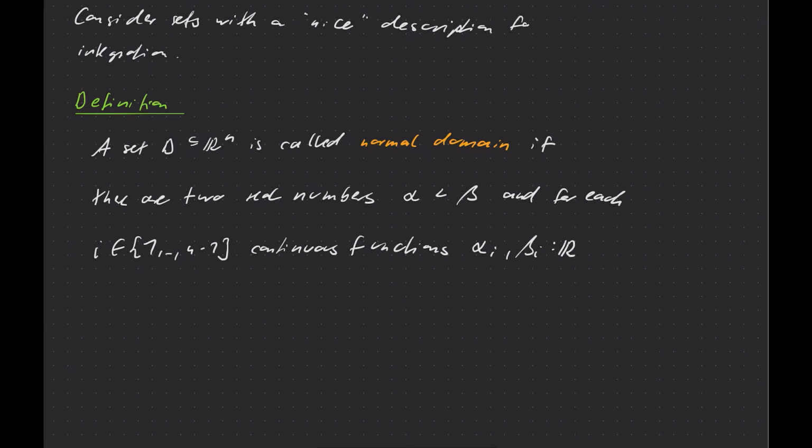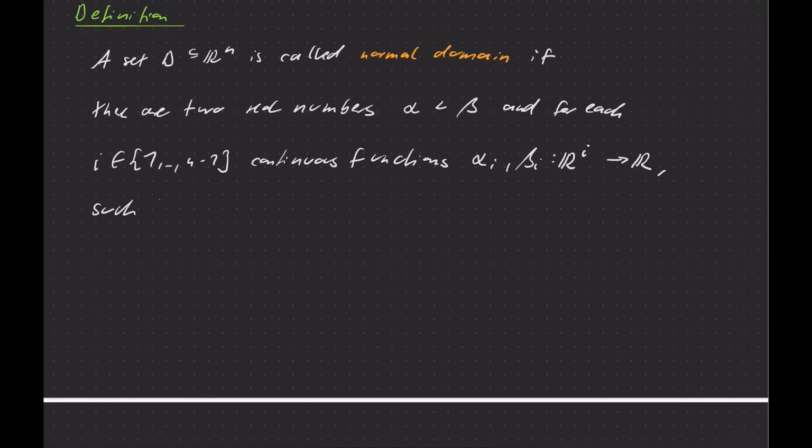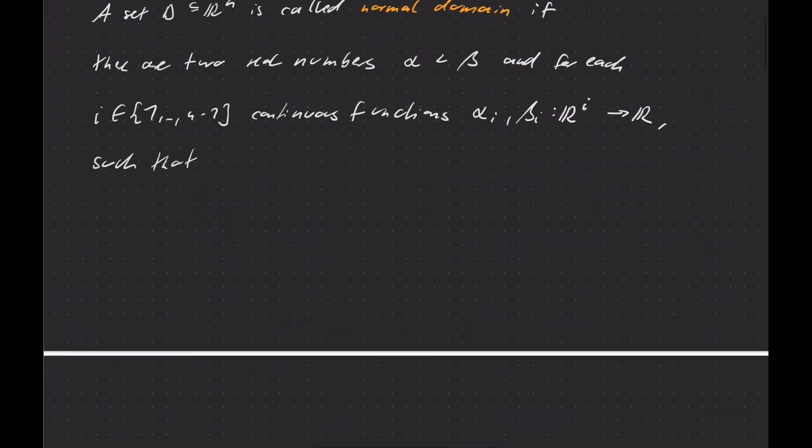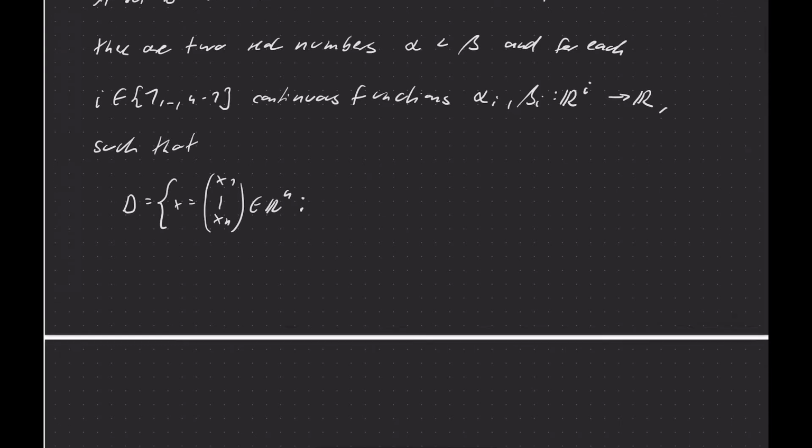And they will be defined on R to the i and then map to R. And based on these functions, we want to be able to describe the set D in the following way. D consists of all points x of the form x1 to xn in R to the n, where the following are fulfilled.